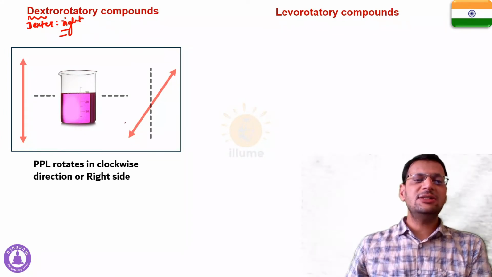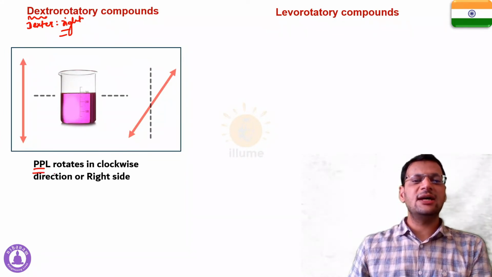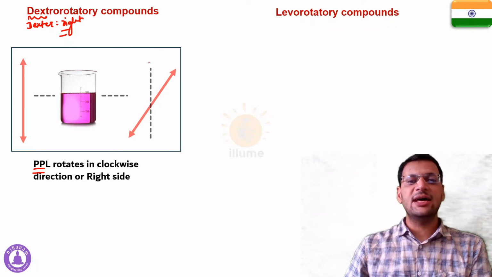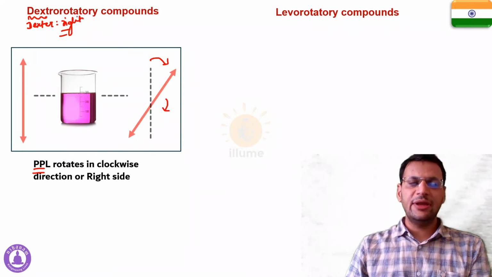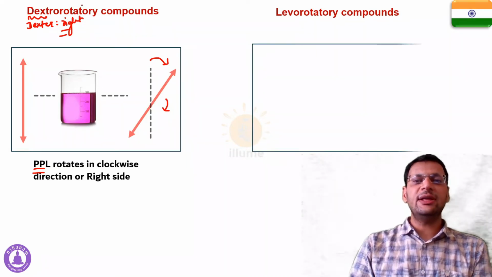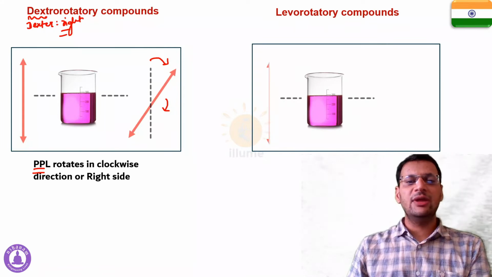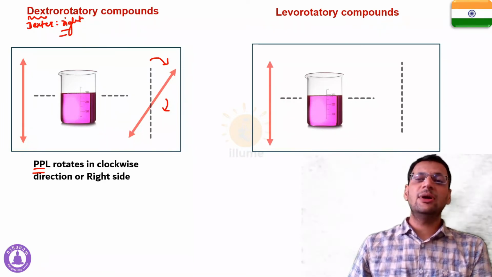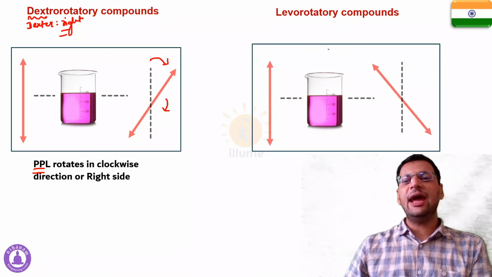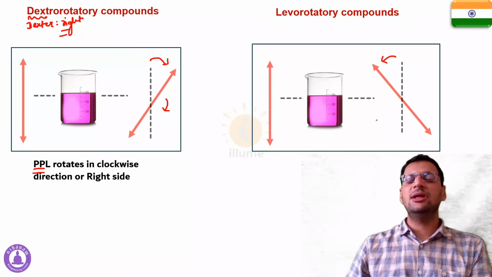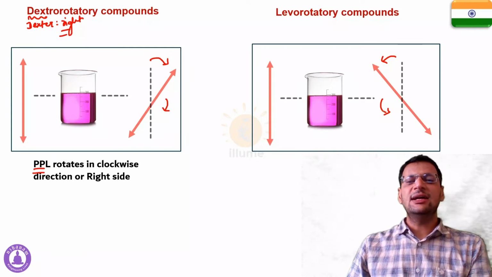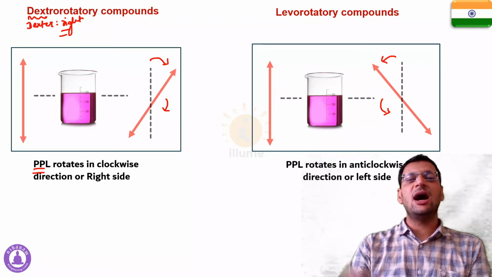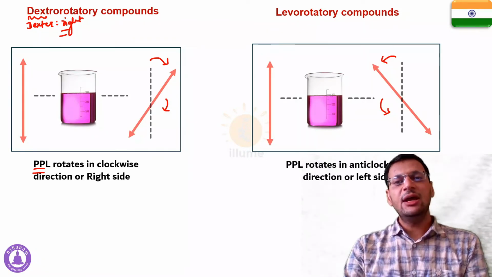You can clearly see that the plane polarized light has been rotated in a clockwise direction, or on the right side. On the contrary, levorotatory compounds will rotate this light towards the left side or in the anti-clockwise direction. You can clearly see that the light has deviated in the anti-clockwise direction. So such compounds are called levorotatory compounds.